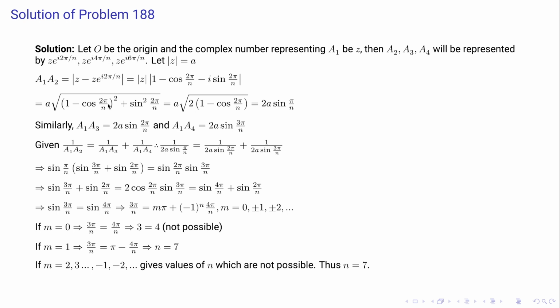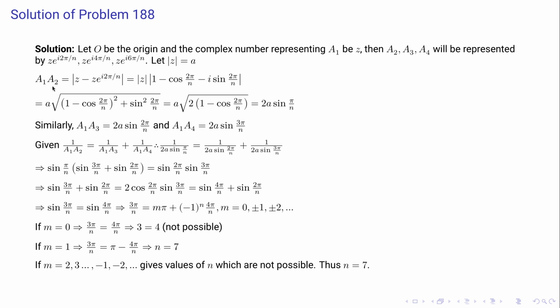Now this, if you solve, you will get a into square root of 2 into (1 minus cos 2 pi by n). Now 1 minus cos 2 pi by n will be 2 sin square pi by n. So 2 into 2 will become 4, and 4 when taken out of the square root will be 2, and sin square pi by n will give sin pi by n. So we arrive at 2a sin pi by n.